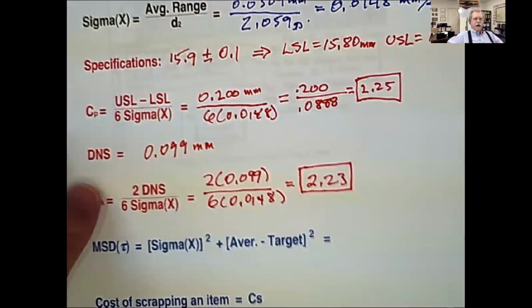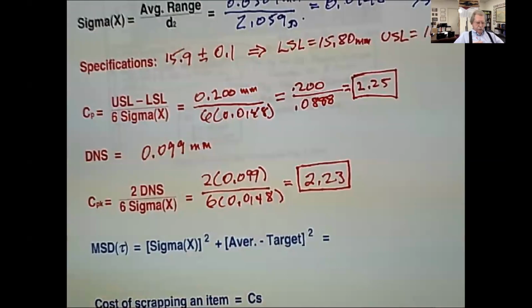When your Cpk gets to be close to or equal to Cp, you're pretty well centered. So they're predictable, they're centered, and they're capable by a mile. This process is clearly deep in the ideal state.